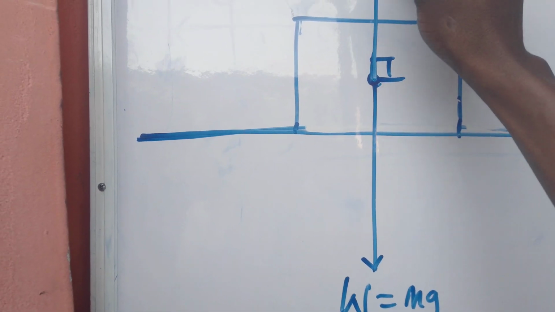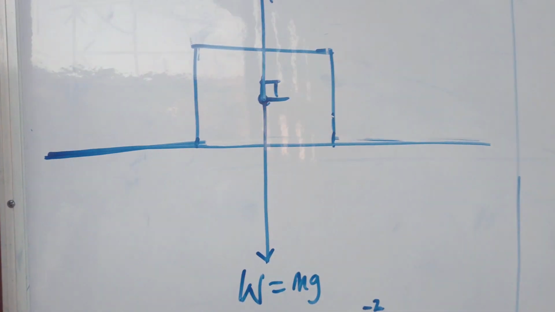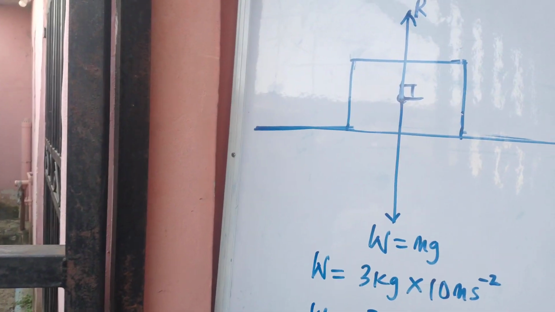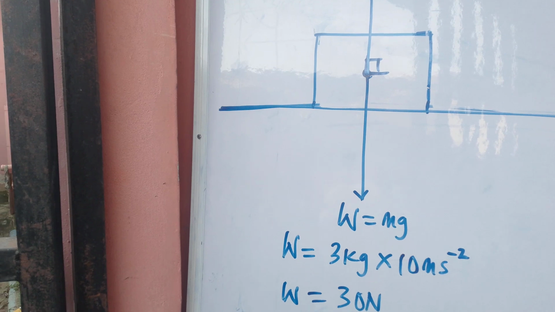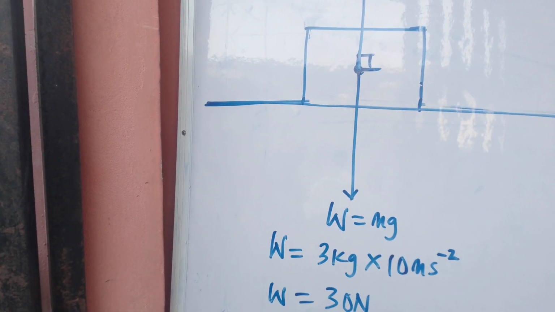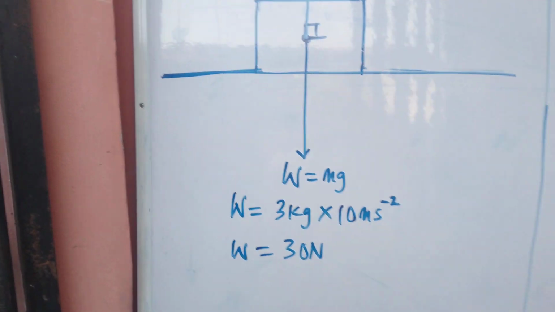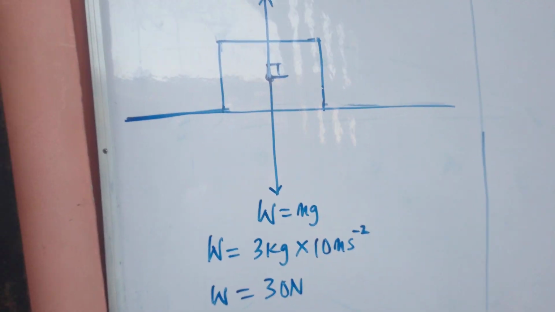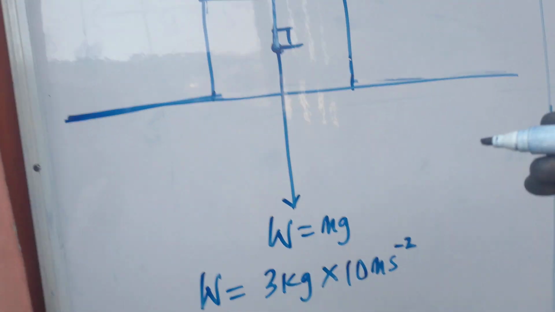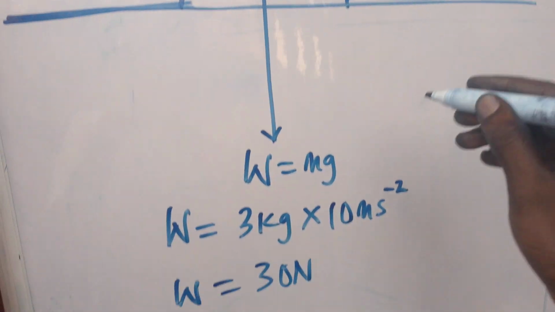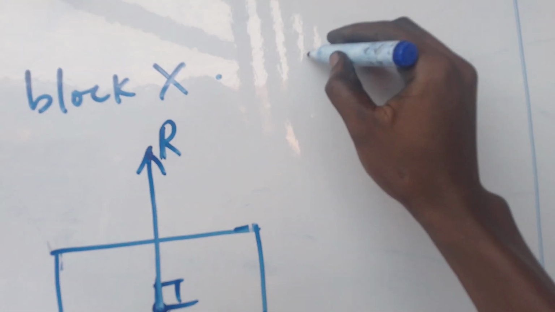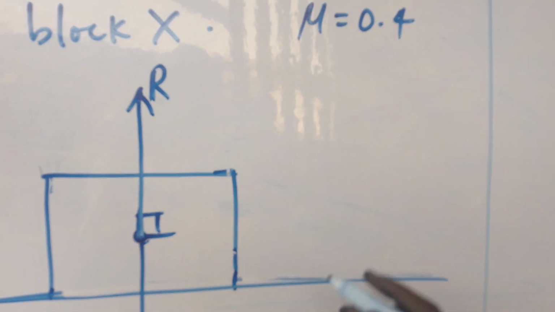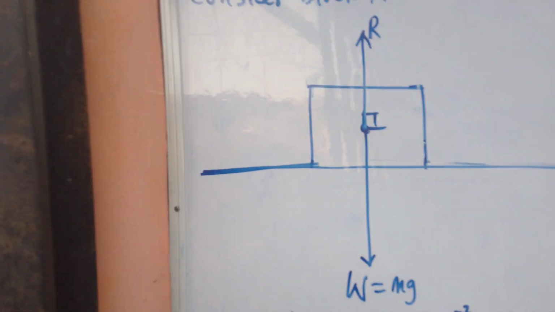Normal reaction R. Now remember we are told that the coefficient of friction is 0.4. It said if X and Y are placed on a rough surface of coefficient of friction 0.4 and 0.7 respectively. So we take the coefficient of friction for this block, mu, as 0.4.